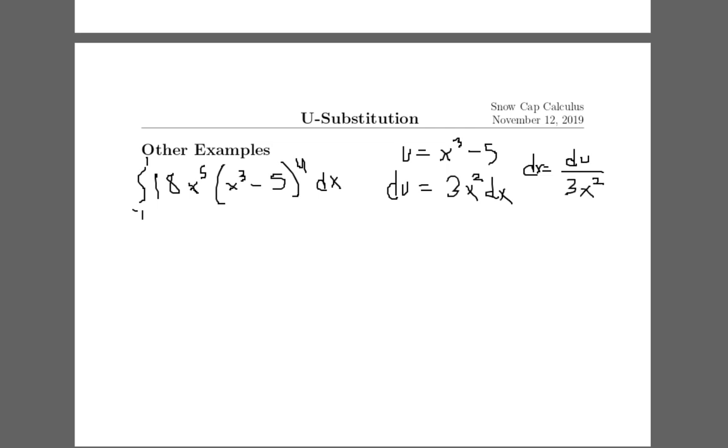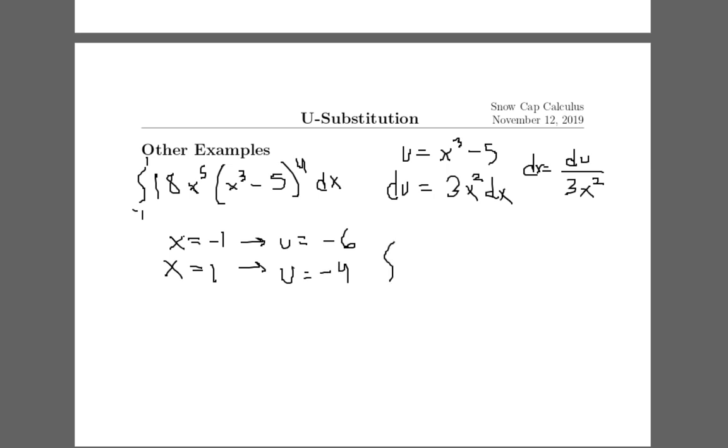And then we also have to change our interval in terms of u. So when x equals -1, u would be, so -1 to the third would be -1. It would be -6. When x is 1, u would be 1 minus 5, so it would be -4.